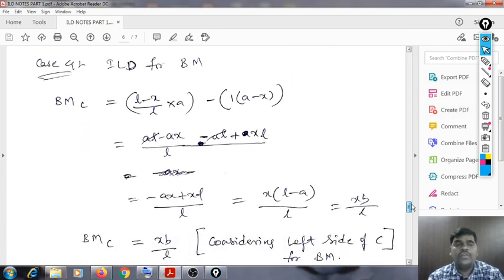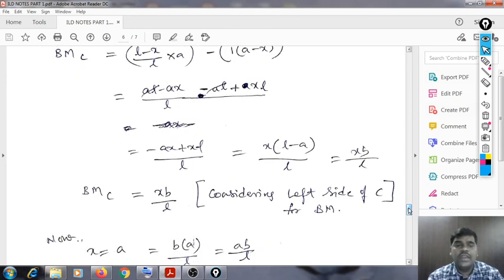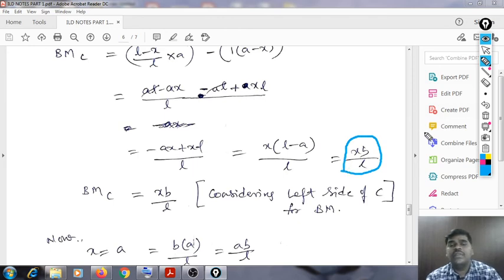So next, coming to bending moment. Bending moment at C is as shown in this equation, and after simplification we get the bending moment as xb by L. This is considering the left side of C for bending moment.